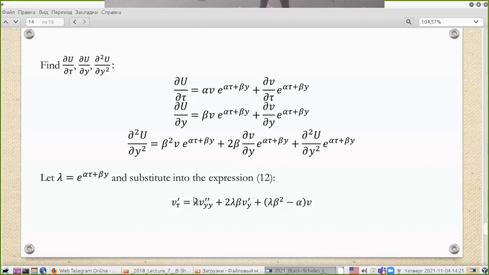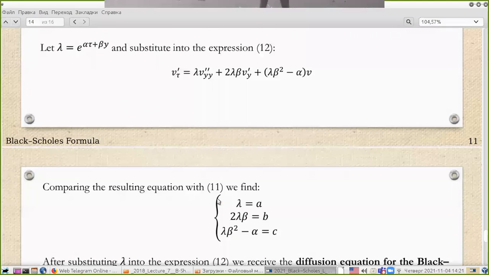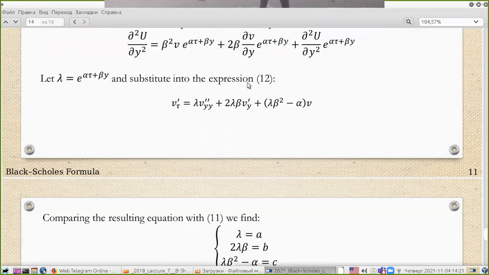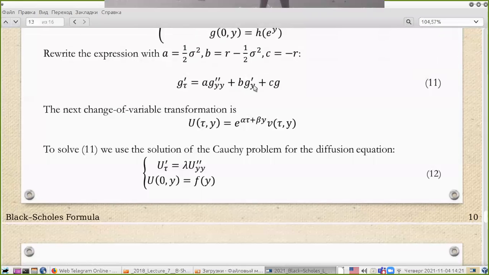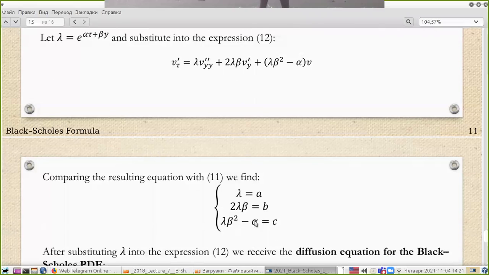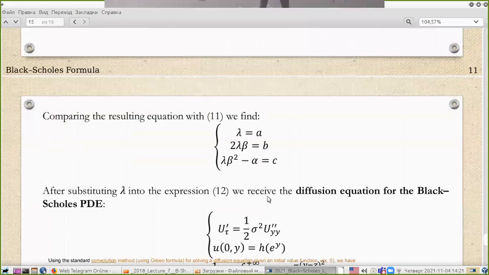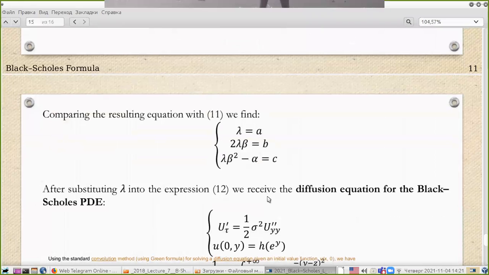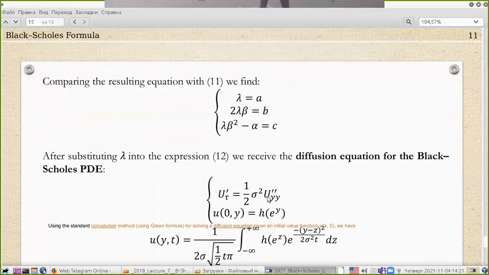So lambda before the second derivative, so it's A. 2 lambda B before the first derivative, but in this equation it's b, yes, before the first derivative. So comparing this, we write this system, and after substituting lambda into expression 12, we receive the diffusion equation for the Black-Scholes partial differential equation.